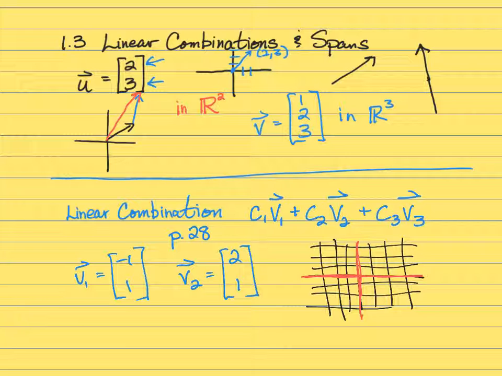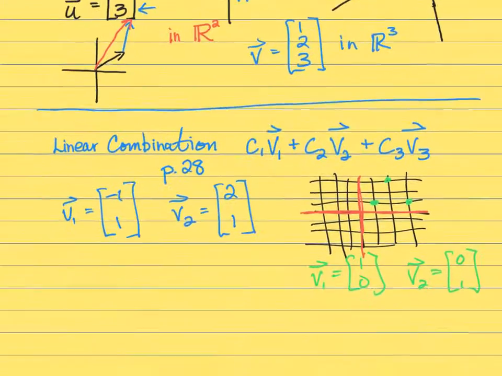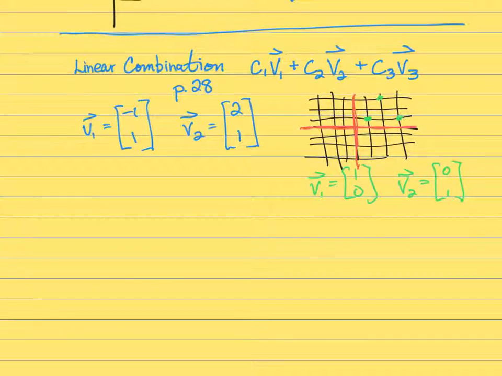So the points that you have on our regular, very familiar XY grid represent points that are linear combinations of the vectors 1, 0 and 0, 1. And so we get this nice square grid that we're used to.